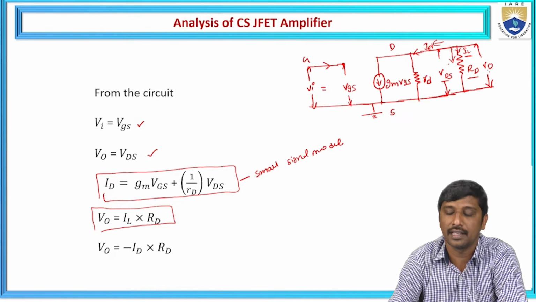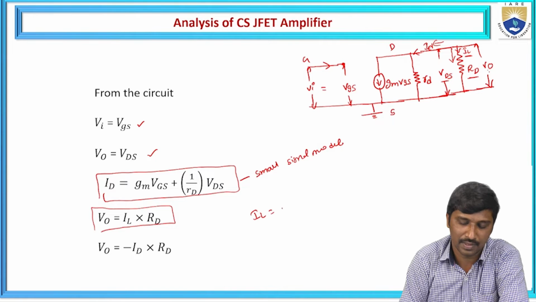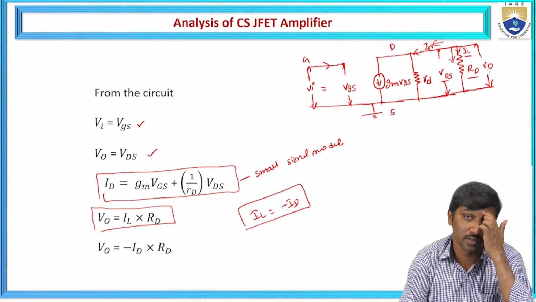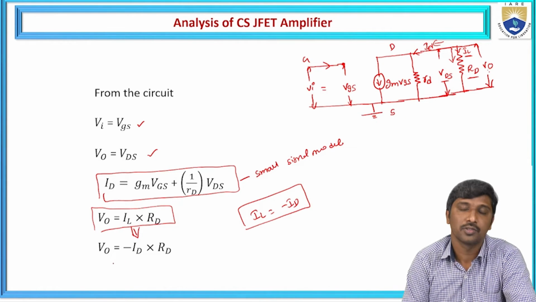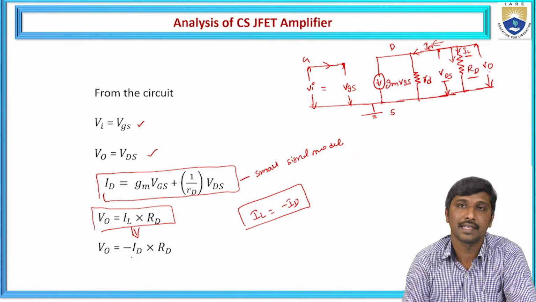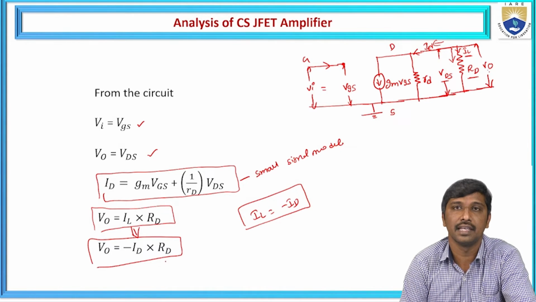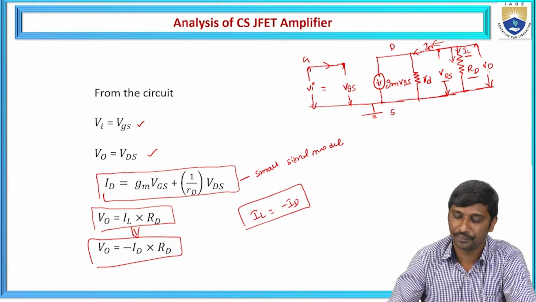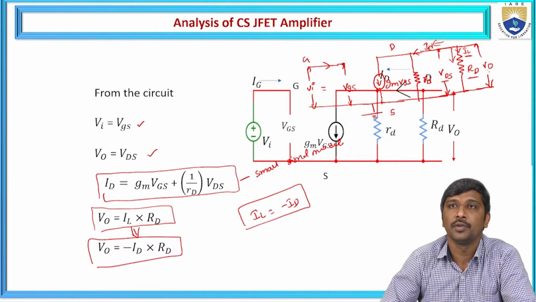But the current flowing direction is opposite, hence IL is equal to minus ID. The same current flows. Hence IL is replaced by minus ID, and V naught is represented as minus ID times the capital RD. Now from this, we need to find out.